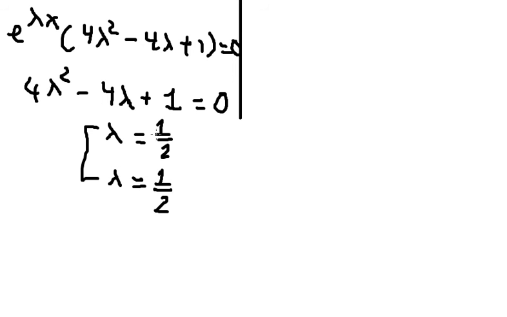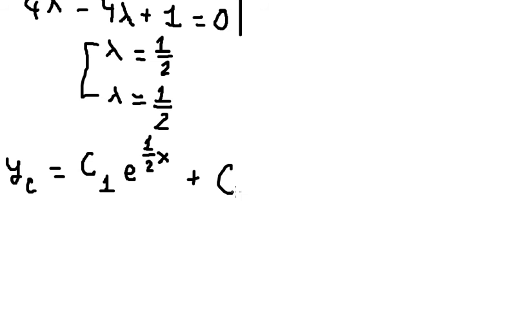Because we have two solutions but they have the same value, when we put yc, we have c1, the constant 1, e to the power of lambda s. Now we put 1 over 2 here, so we have e to the power of 1 over 2 s.